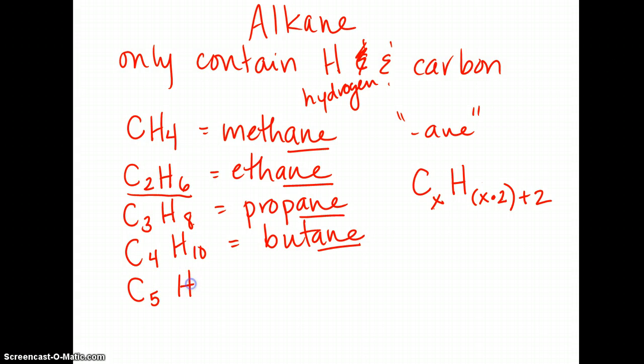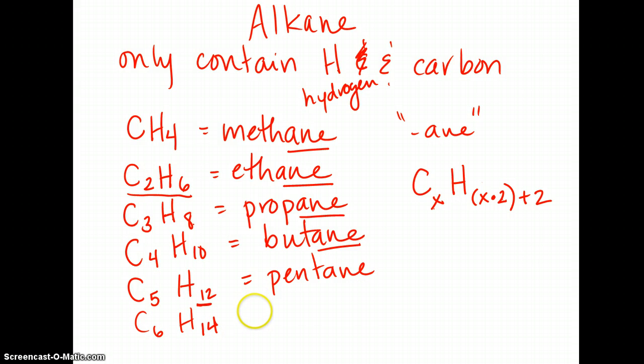So, based on that formula, what would you expect the hydrogen number to be for C5? And hopefully you said 12. Okay, this one now gets easier. It's called pentane. Now it follows the typical rules.